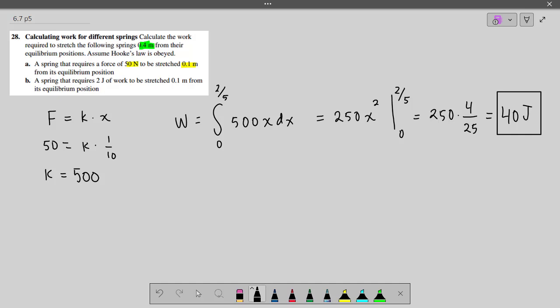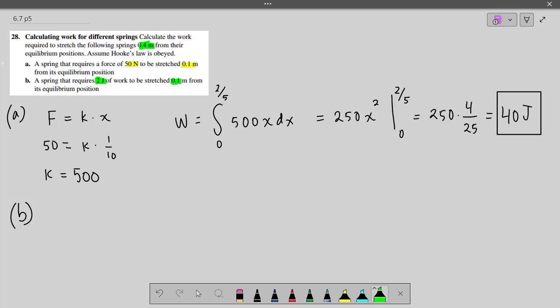Now the second one is a little different. Again, in order to get your spring constant, you need a data point. And notice that the data point they give us is a little different. The traditional data point is giving us newtons and meters, but notice that they gave us the work necessary, the work done in stretching at 0.1 from equilibrium.